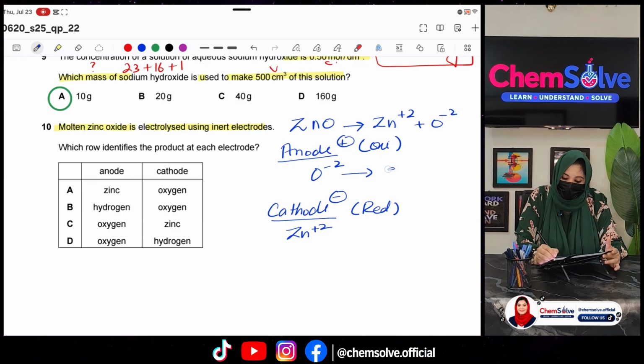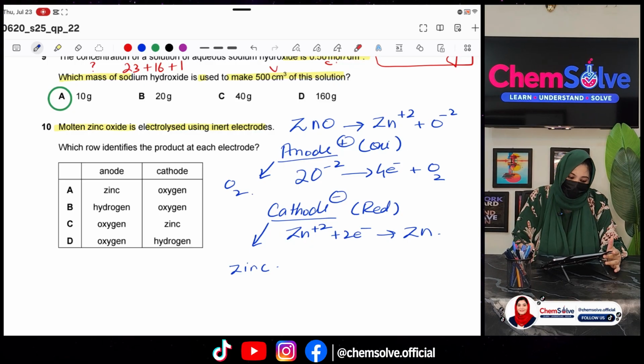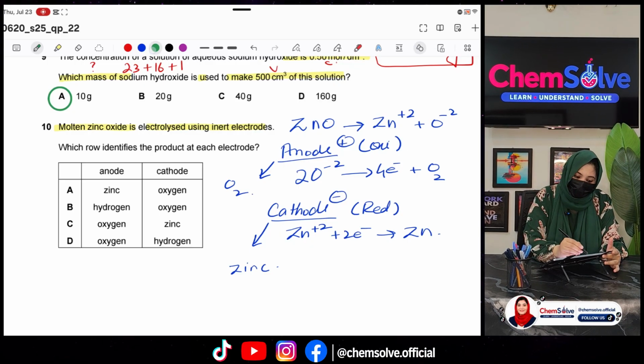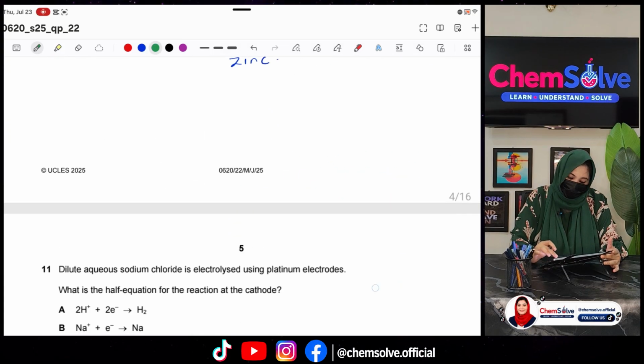So oxide will lose electrons and change into oxygen. Now let's balance it like this. Zn2+ will gain 2 electrons and change into zinc. So at the cathode zinc will form and at the anode oxygen is liberated. That's it. This is our option. So the correct option for this question is option C. I hope it makes sense to you.